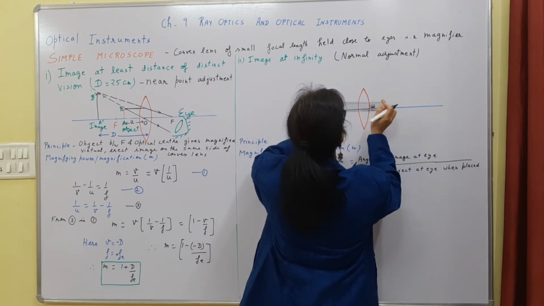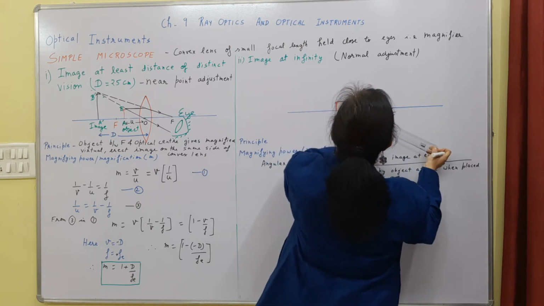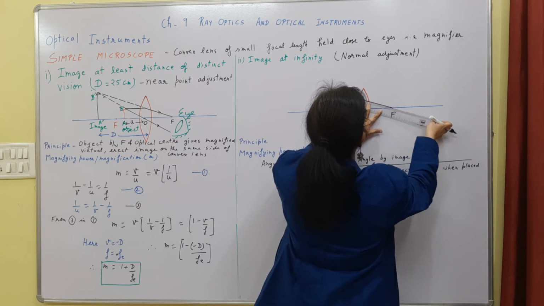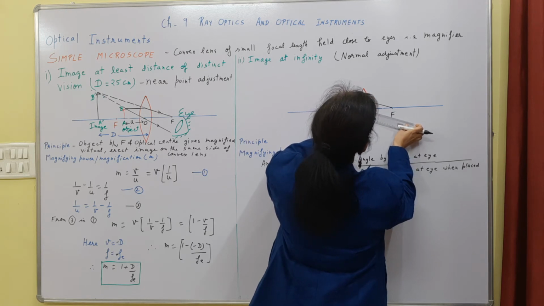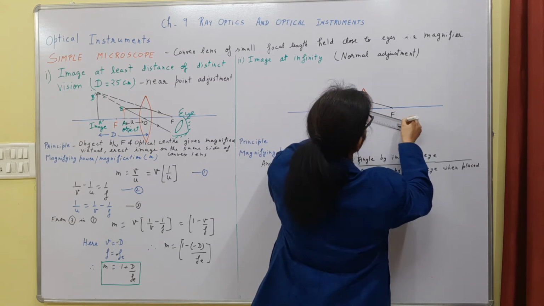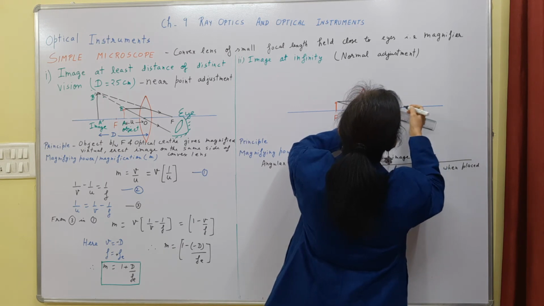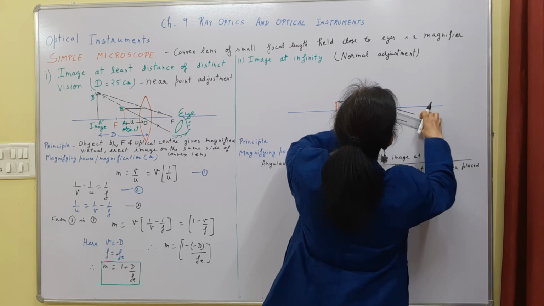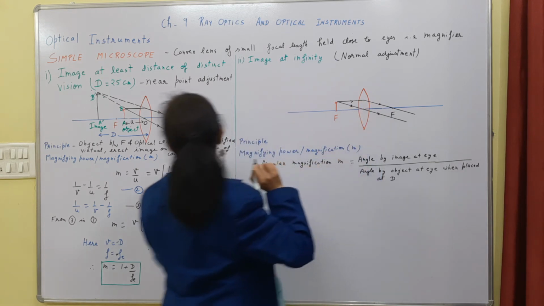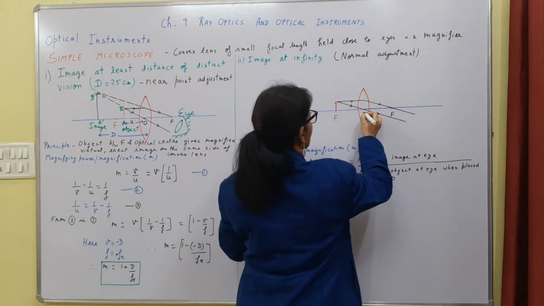We'll take a parallel ray which will pass through the focus after refraction, and the second ray we will take will pass through the optical center, so this will become parallel after refraction.